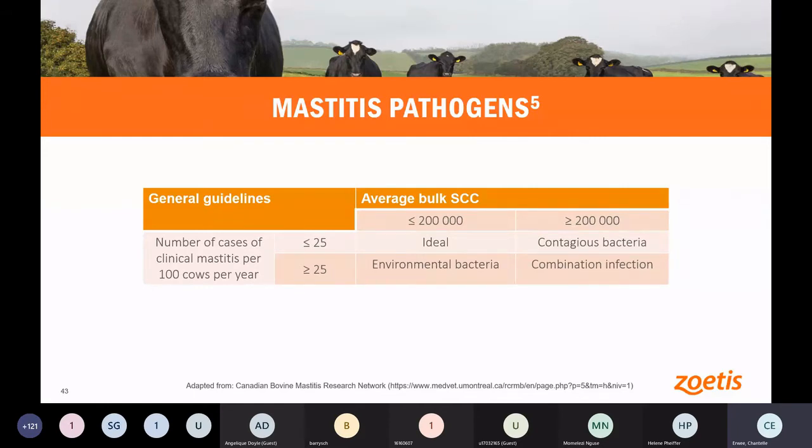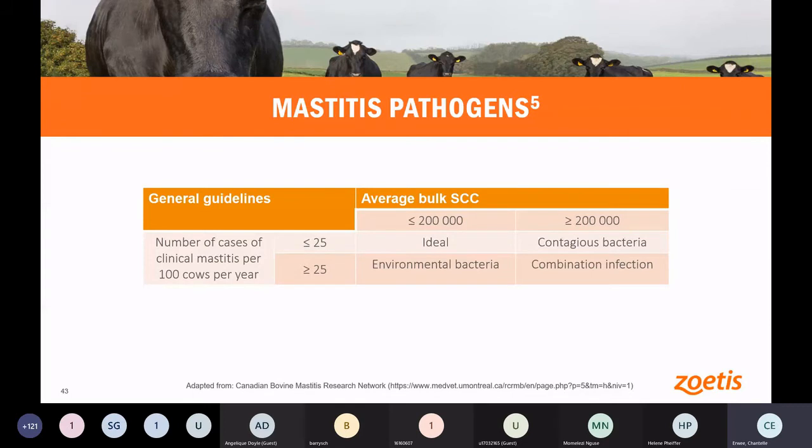If the clinical cases are low, but the somatic cell count is high, you might be looking at a contagious bacteria problem in that herd. If you have a lower somatic cell count than the 200,000 threshold, but you have high clinical mastitis cases, you might be dealing with an environmental bacteria here.